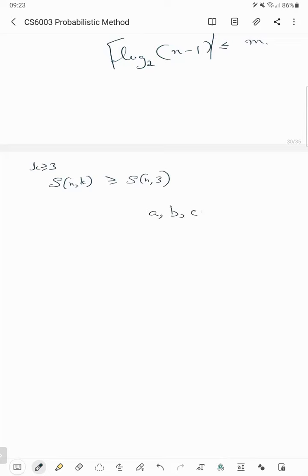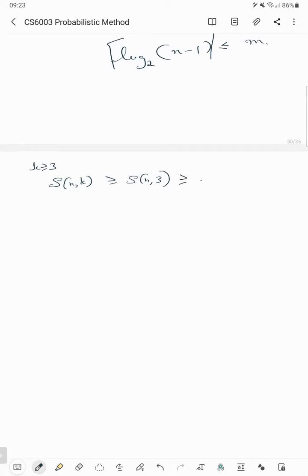What you do is arbitrarily pick a 4th element and call it d, and then the 4-scrambling family will give you some sigma where a is before d, and this will satisfy your requirement. So any k-scrambling family is also k minus 1 scrambling, also k minus 2 scrambling, and so on.